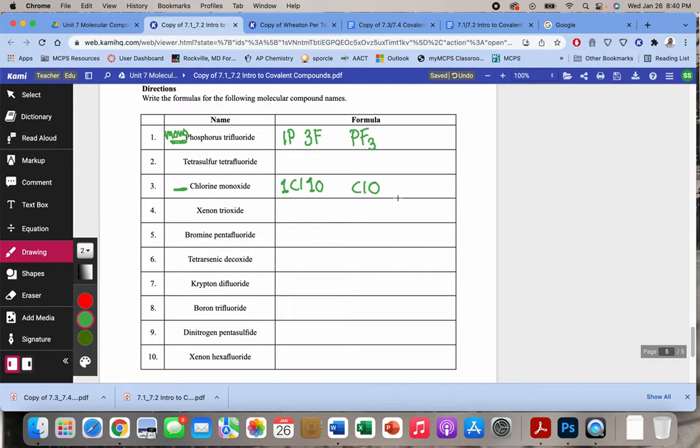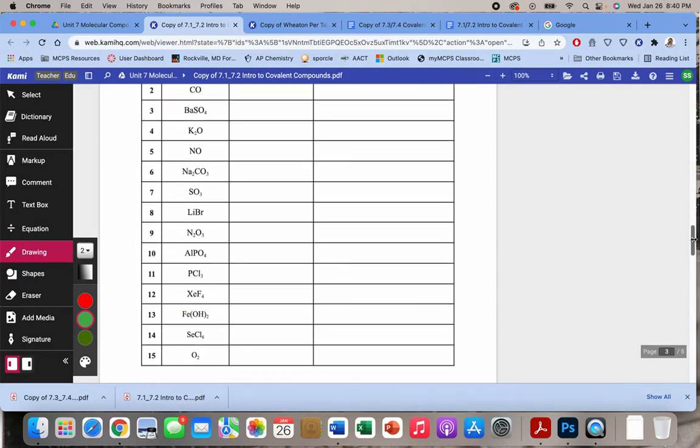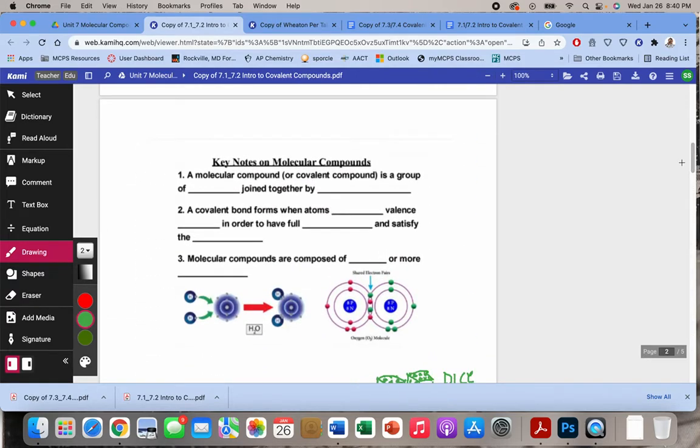Right? Yay us. A couple things before we finish, and that is there are these notes here. A molecular compound or covalent compound is a group of atoms, right? And they're joined together by covalent bonds, which makes sense because they're covalent compounds. It's kind of a tautology. A covalent bond forms when atoms share.